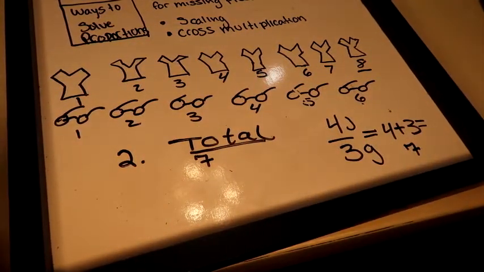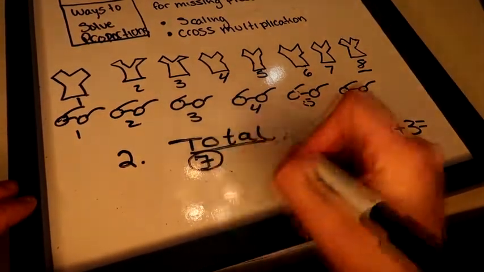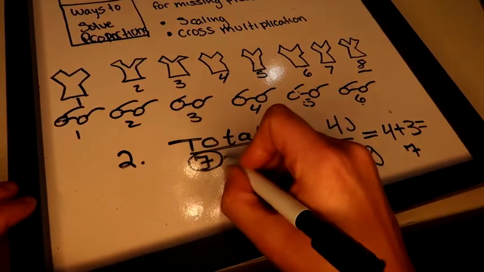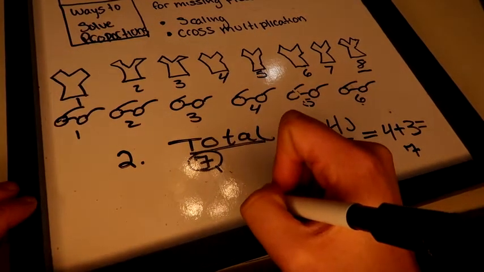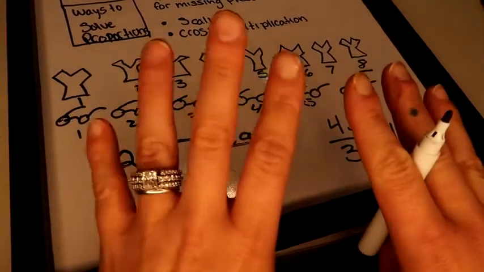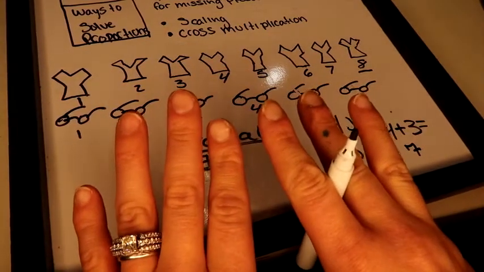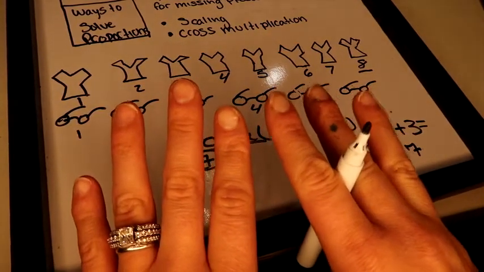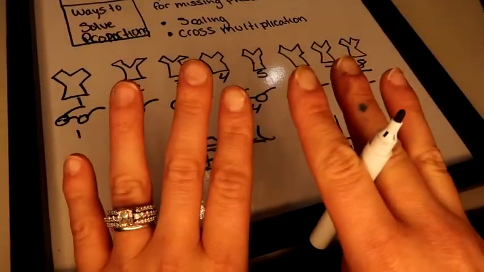But out of the total, out of this entire jackets and goggles, how many of the 7 is goggles? So if I have 7, 1, 2, 3, 4, 5, 6, 7, what is my number that represents goggles? Is it the 4 or is it the 3?